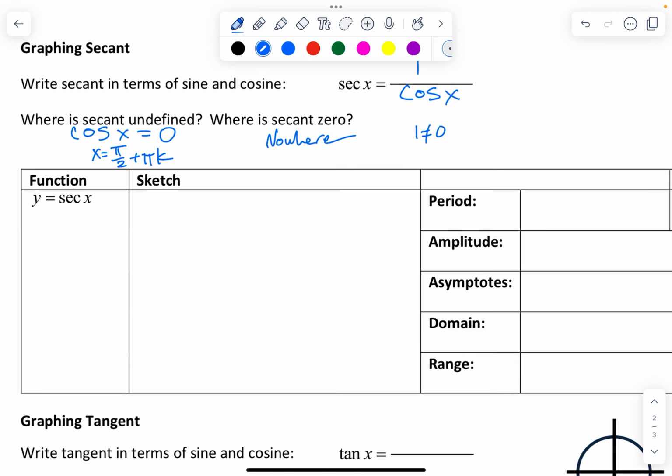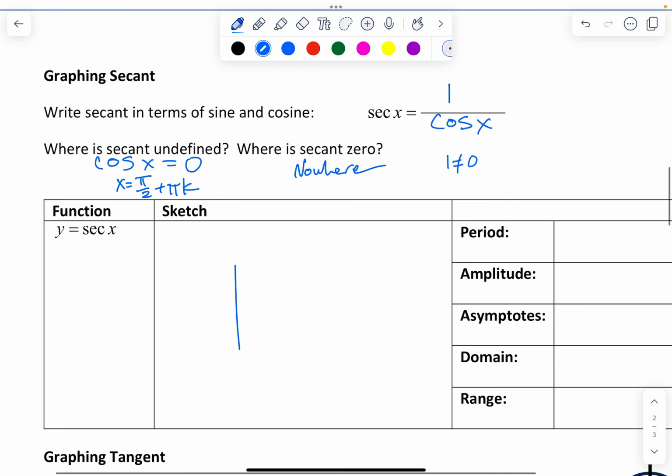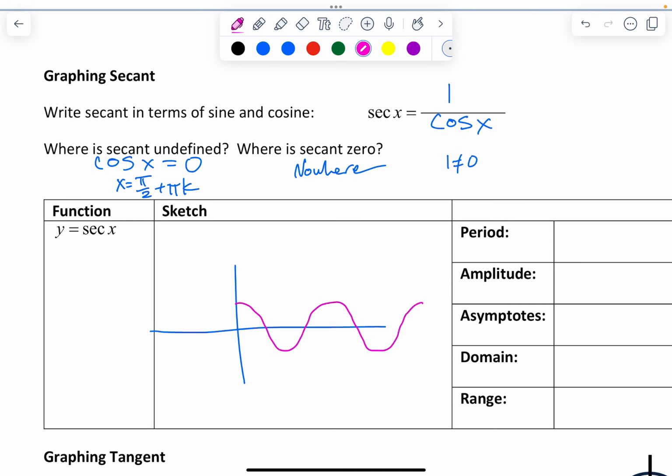Okay, so when we start to sketch this one, we're going to start by graphing cosine. And remember, cosine goes high, middle, low, middle, high. Pretend I can draw. Now anywhere cosine has zeros, we now have an asymptote. This first one was at pi over 2.